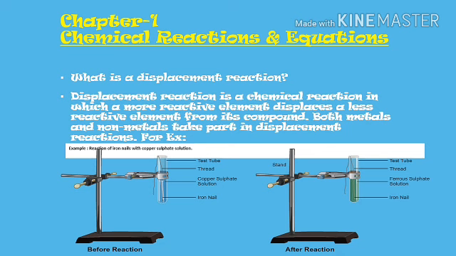Whenever a chemical reaction happens, there is a change in state or change in color. Here we show that there is a change in color, so we can say there is a chemical change in that experiment.